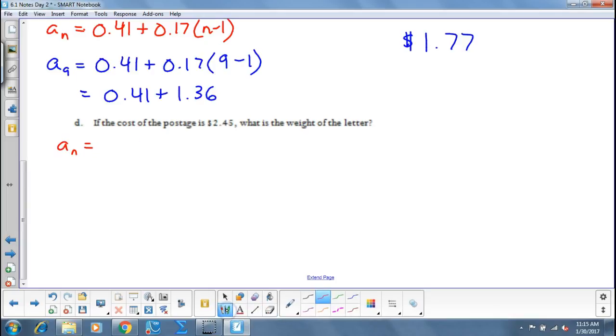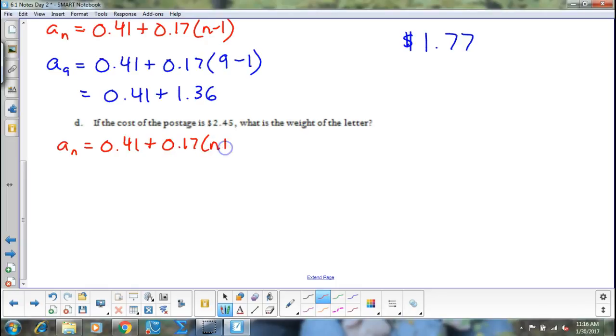We should say here instead 0.41 plus 0.17. Oops, I almost put plus. Okay? So now if the cost of the postage is $2.45, where can I plug that in?